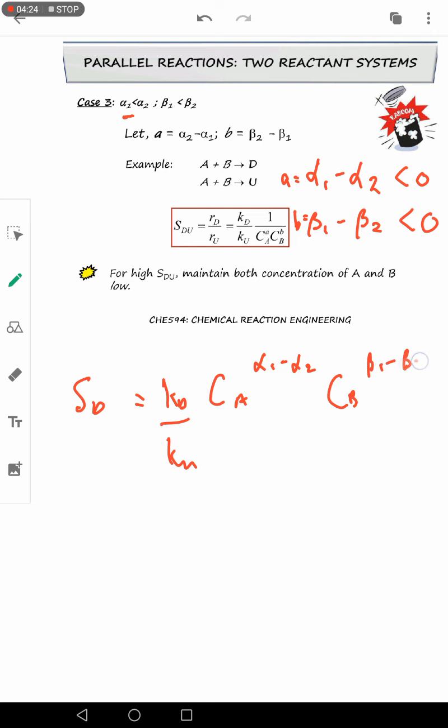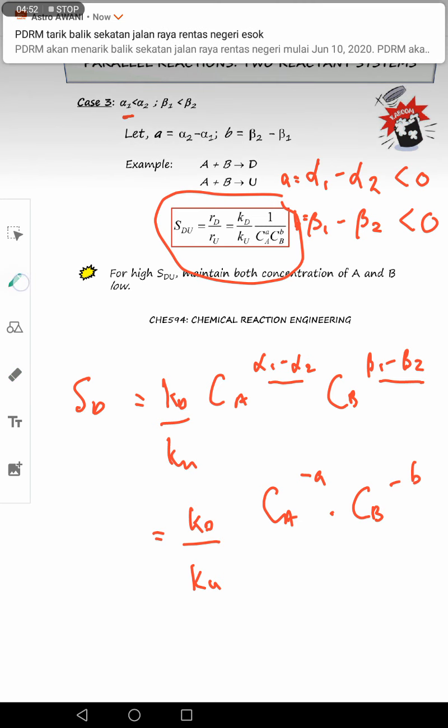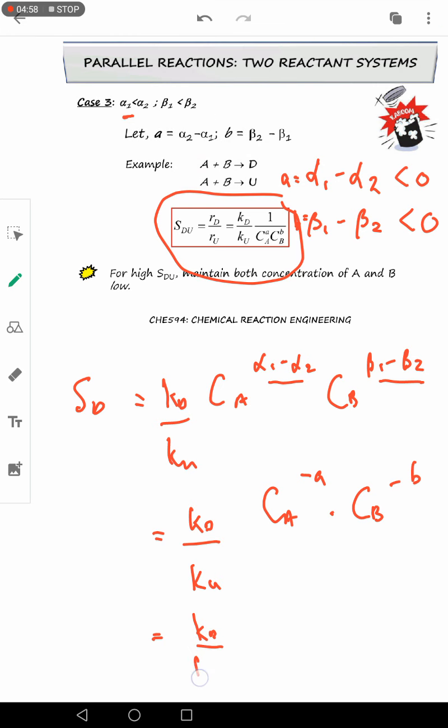Ni saya buat panjang sikit sebab simplification dia ada dekat sini kan. Saya nak tunjukkan cara macam mana boleh dapat ni. So disebabkan yang ini dan ini adalah less than 0, so KD over KU, in which that CA is minus negative A, darab CB also minus negative B, in which that CA CB ni dua-dua adalah denominator.